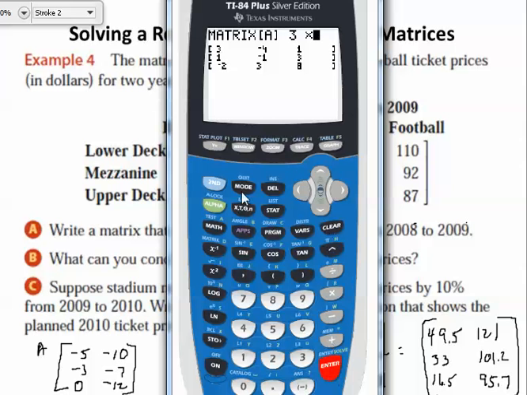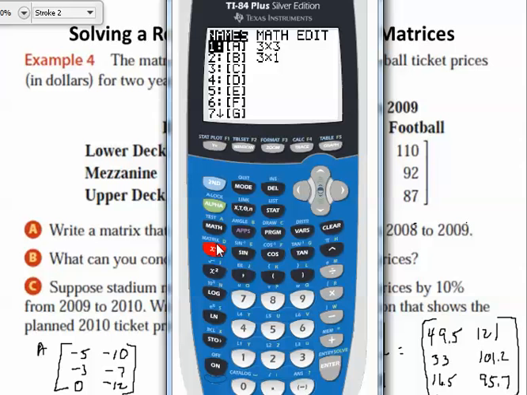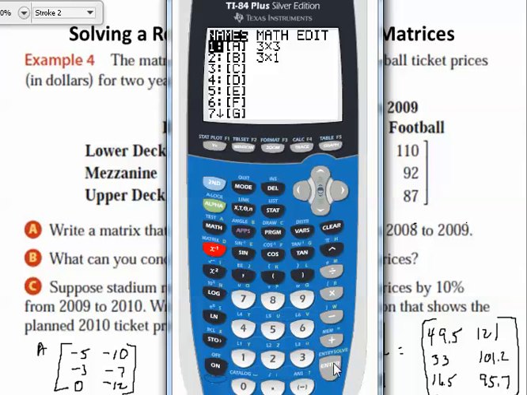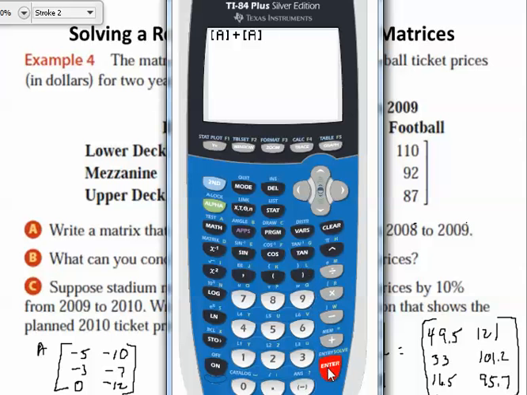Then you can do matrix math right here in the equation. So you could say matrix A plus second matrix A, because that'd be the same size, and hit enter, and it will actually add the two together and give it to you this way. So it is one of those things that you can use this calculator to help you.